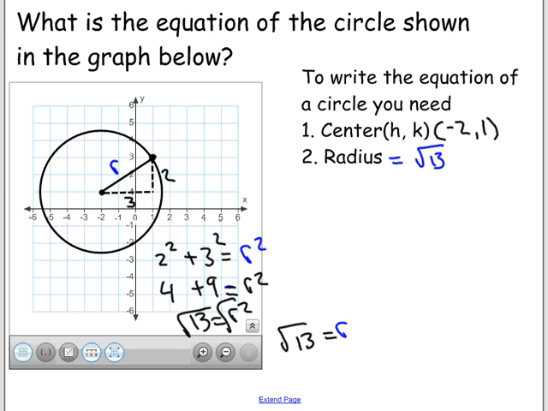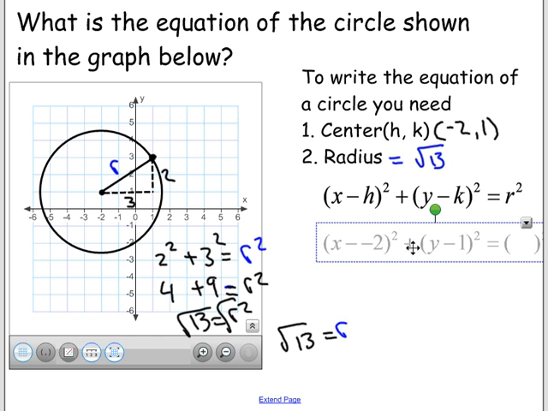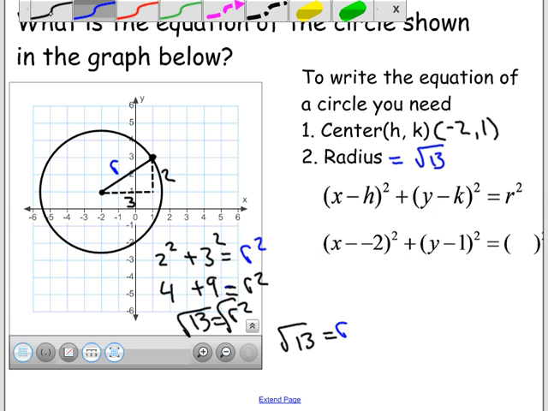So let's get the equation of the circle. So the standard equation of a circle is x minus h squared plus y minus k squared equals r squared. So we substitute for h and for k, and we're going to also substitute for r. R is radical 13.